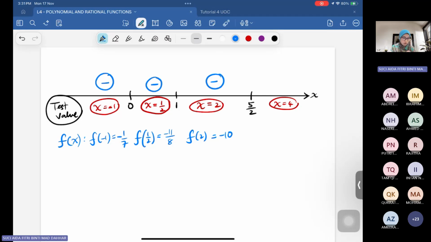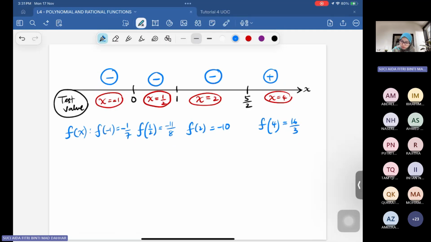And then 4. Calculate x equals to 4. This is now positive. I've got 16 over 3. Positive. Let me double check. So negative, negative, negative, and the last one is positive. Correct. Okay, got the correct signs.